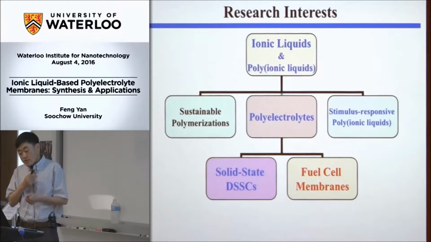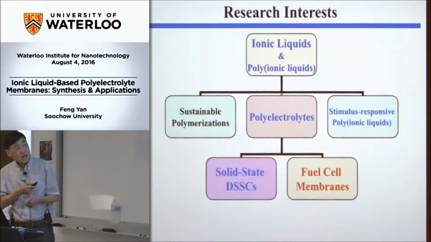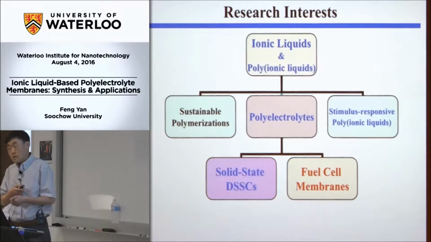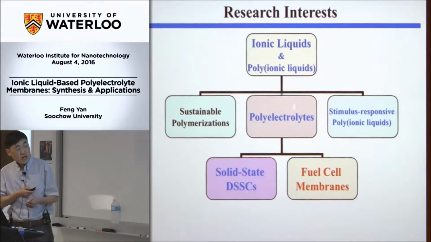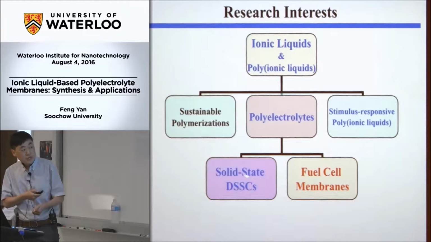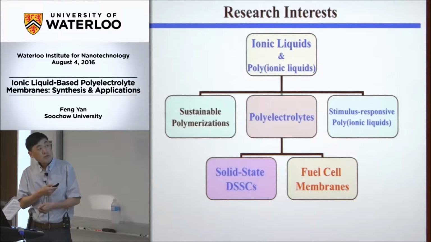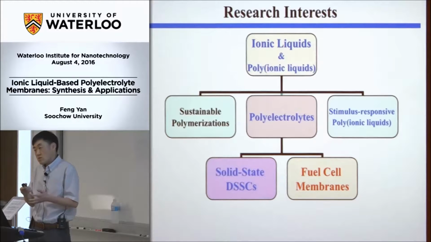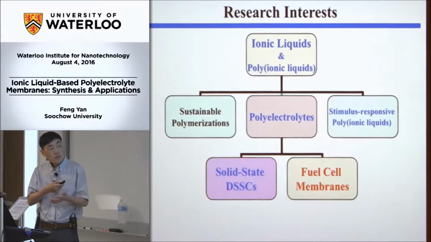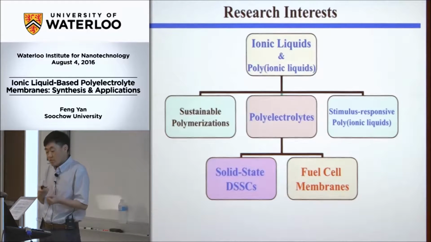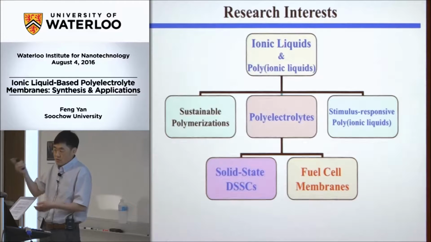The research interest in my group focuses on ionic liquids and polyionic liquids, using them as polyelectrolytes for applications in fuel cell membranes and solid-state dye-sensitized solar cells. As a solvent, we also use them for sustainable polymerization. For example, we use ionic liquid to replace water to prepare micro-emulsions or emulsions, and do the polymerization in these micro-emulsions so you can recycle the systems.